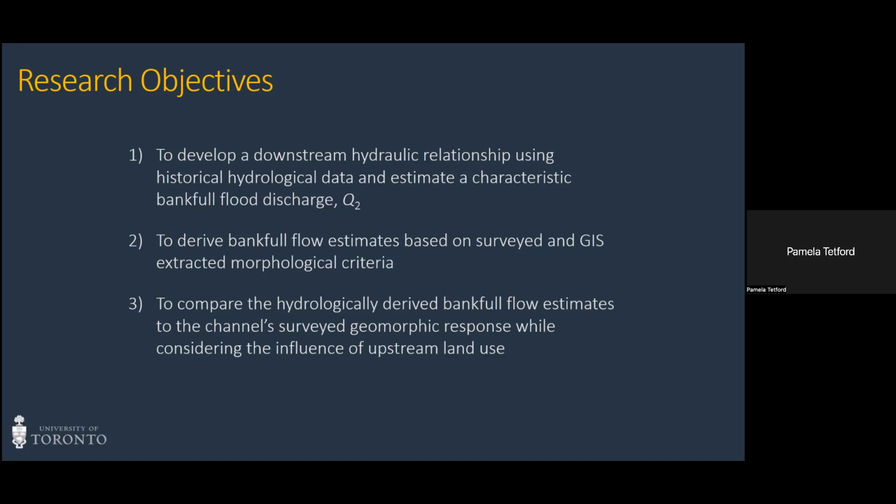And then the third objective is to compare bankfull flow estimates based on these gauge data relationships to what is actually being seen in the field with the channels surveyed, and at the same time, considering how the influence of upstream land use is impacting it. So our study uses field observations, digital GIS files, and then we use some accepted empirical relationships as well.